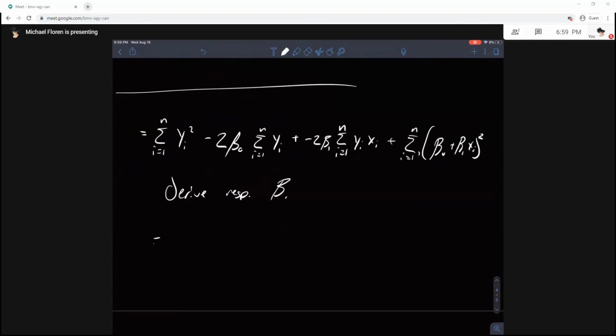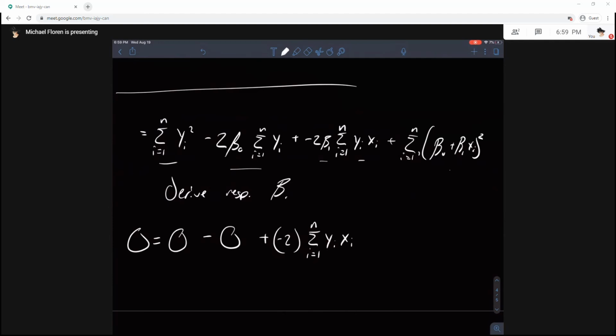So again, we're going to set this derivative equal to 0. This first term has no beta 1s in it. This second term has no beta 1s in it. This third term, negative 2, has beta 1, so this is going to be negative 2 times the sum i equals 1 to n of y sub i x sub i.